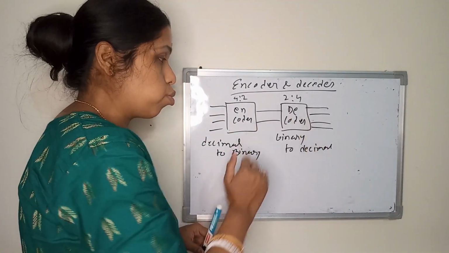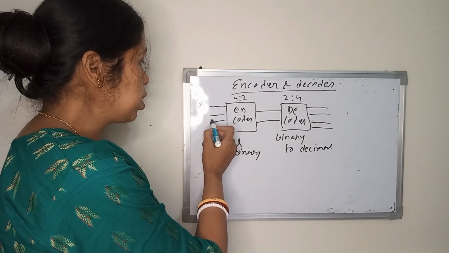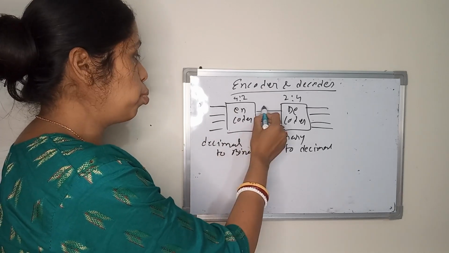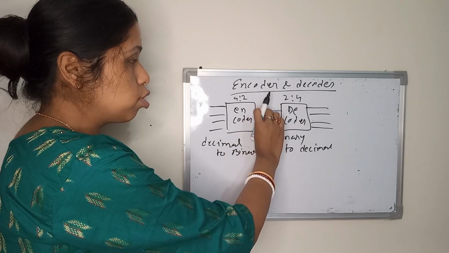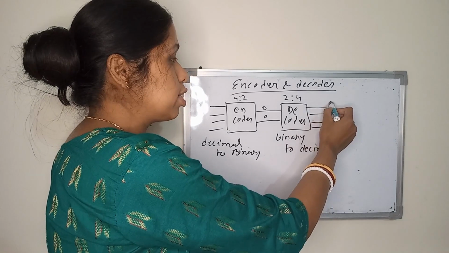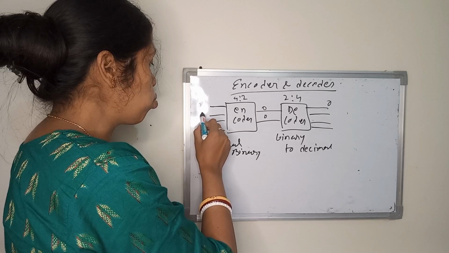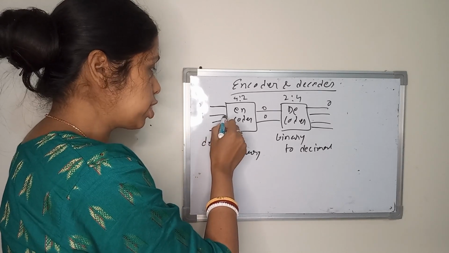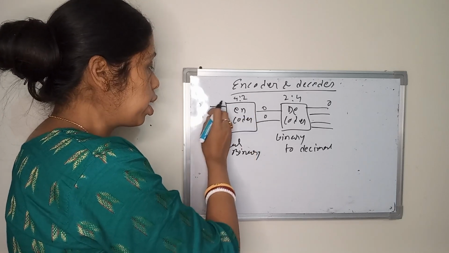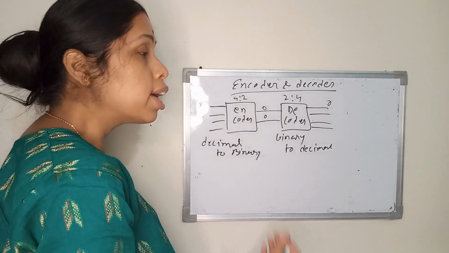Now come to the decoder. Suppose here I am sending 0. The 0 is sent through this channel, and using the encoder, the 0 will be converted into 0 0. This 0 0 is transferred, and at the output of the decoder I will get the 0. Suppose I want to send 1: I send the 1 through this channel, and the encoder understands that it is getting decimal number 1, so it has to convert it into 0 1.